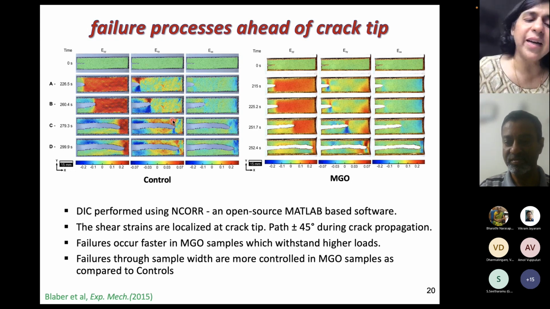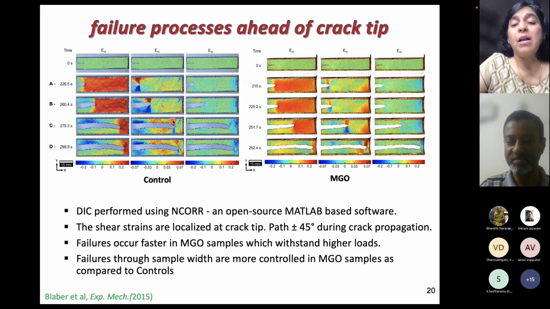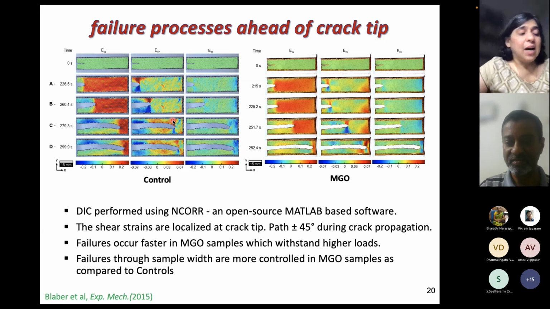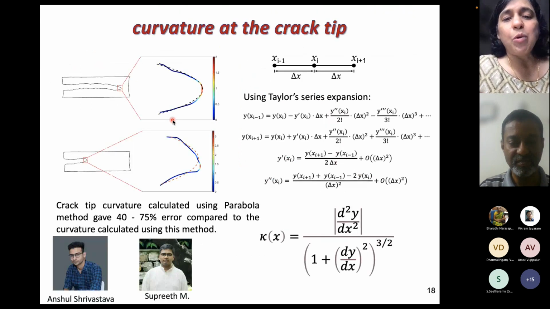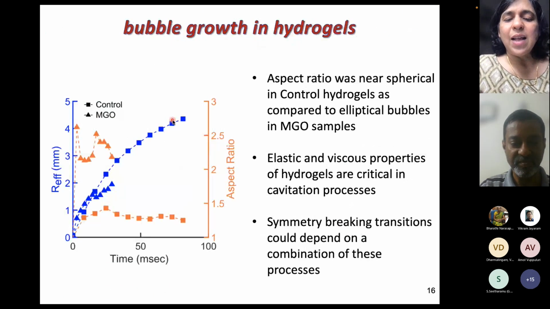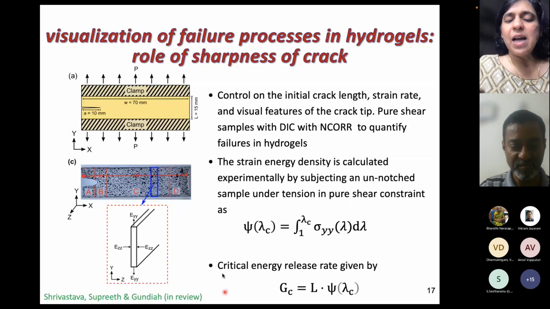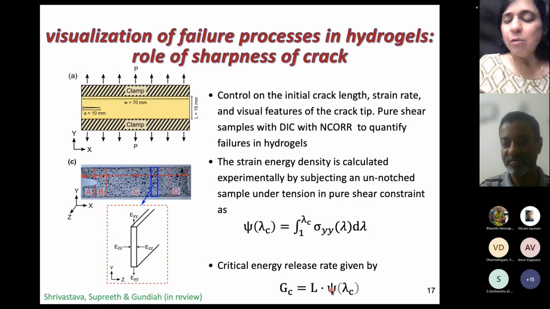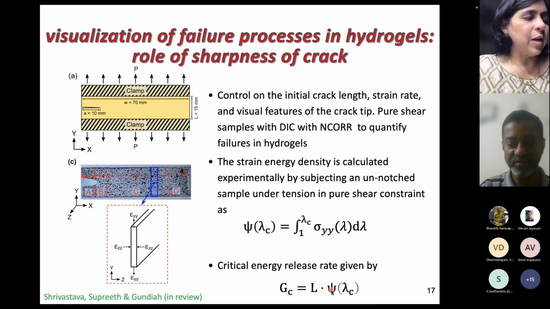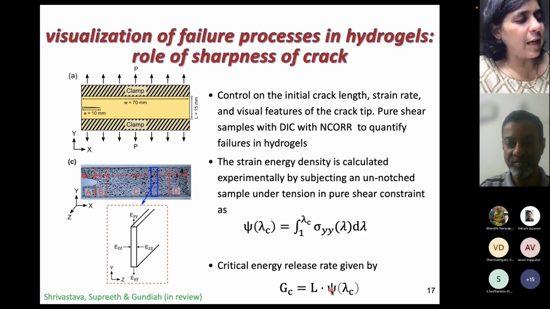So that is why it has been called in literature a pure shear test. So again, how was the GC calculated? GC was calculated using an expression that we've again pulled from literature, and that is this one here. This is something that we have, our work is in review, and hopefully we hear back soon. So those are, I think, my answers to Dr. Amol.